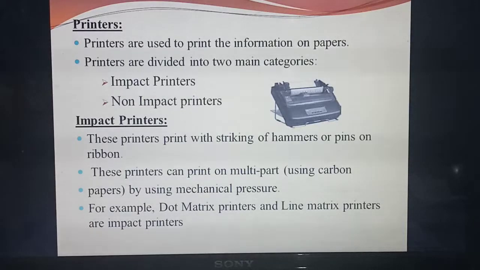Among input and output devices, the printers question is very important: impact printers, non-impact printers, then the two types, line matrix and dot matrix printers. These are all very important questions.